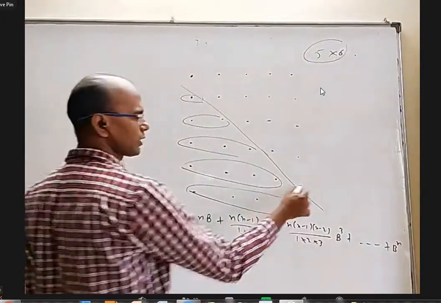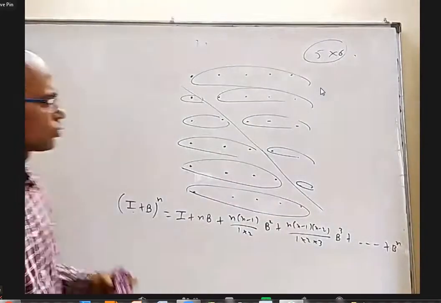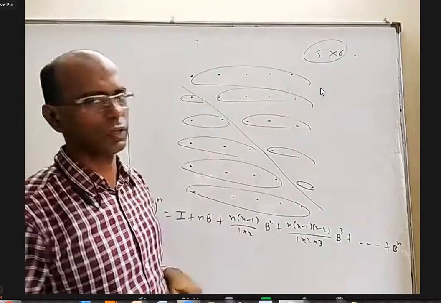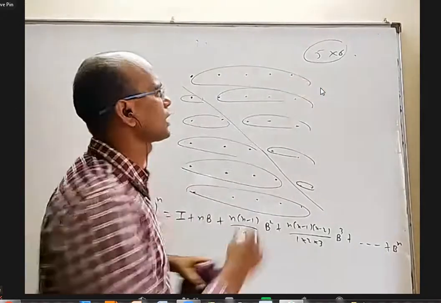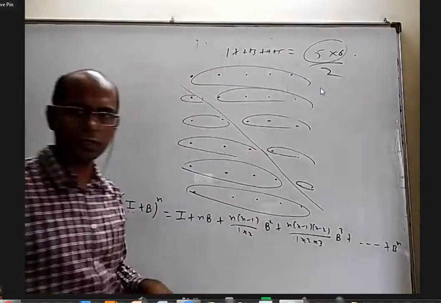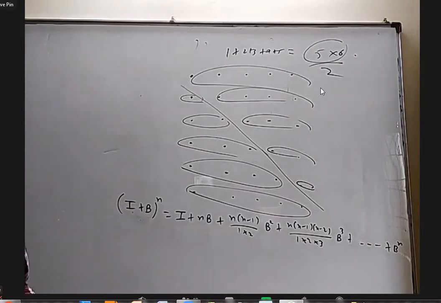Above the line, how many are there? 1, 2, 3, 4, 5. So this is also 1 plus 2 plus 3 plus 4 plus 5, and this is also 1 plus 2 plus 3 plus 4 plus 5. But their sum is this. So I can say 1 plus 2 plus 3 plus 4 plus 5 is equal to half of this, right?